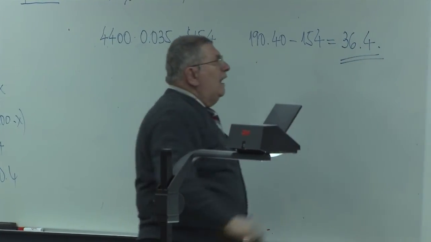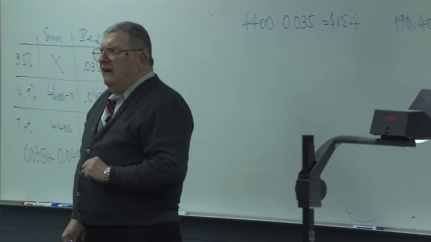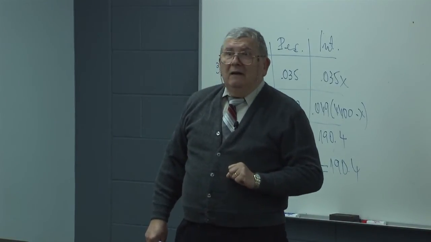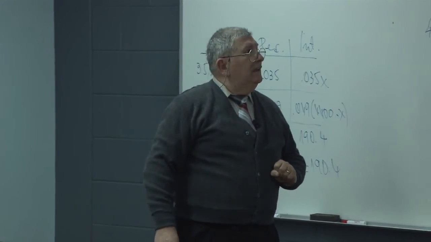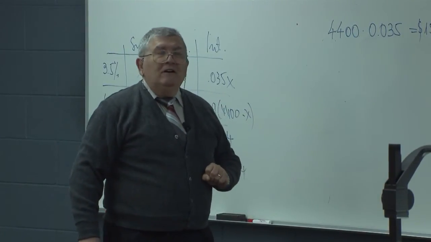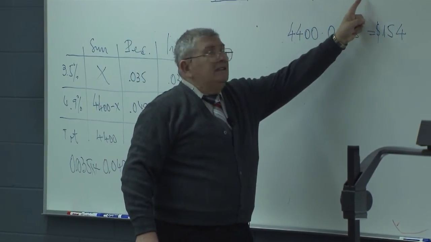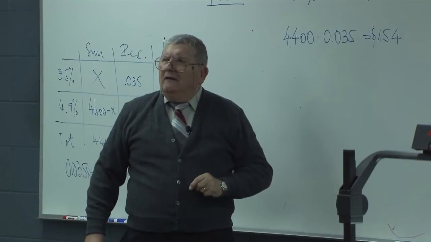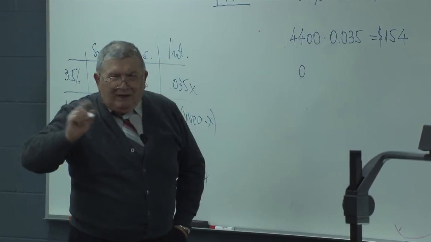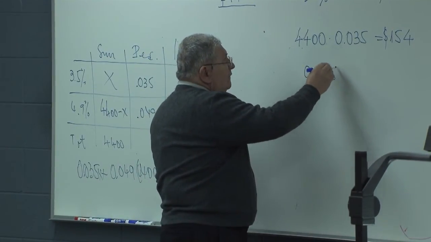So here is this money. She made more money. Why? She made this money because she didn't have money only in this account. She had money in this account too. In this account, for $1, do you remember, she made 0.035.